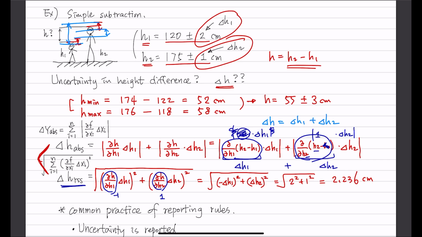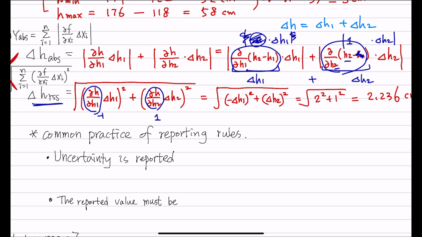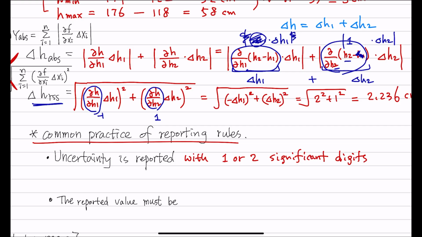And then let's see how we can use this thing to report the final uncertainty of this combined value. Your uncertainty is reported always. The common practice is that it's reported with 1 or 2 significant digits.